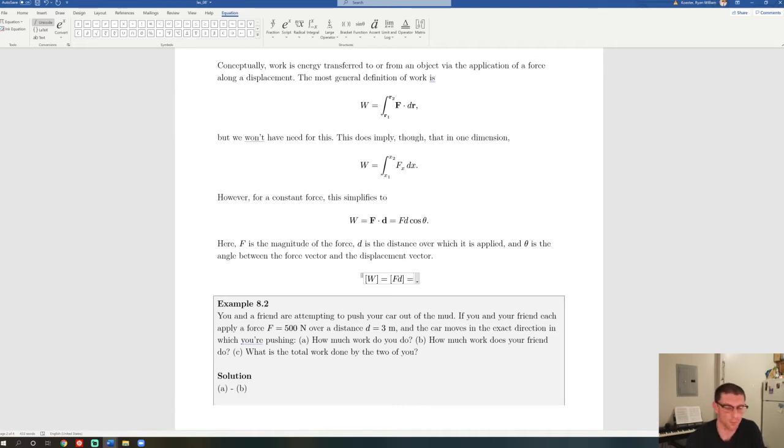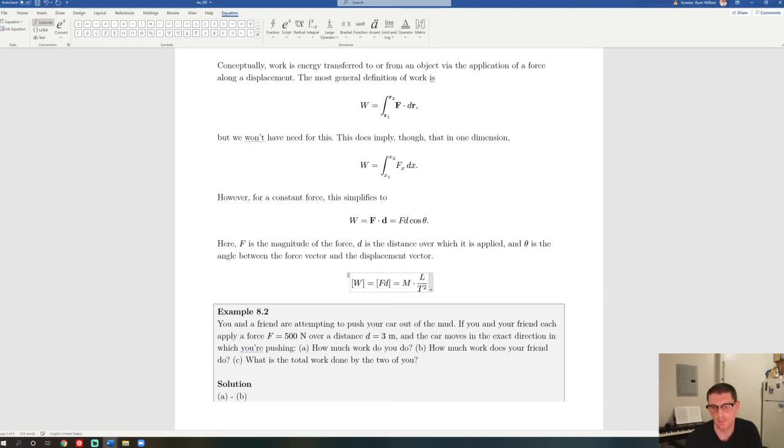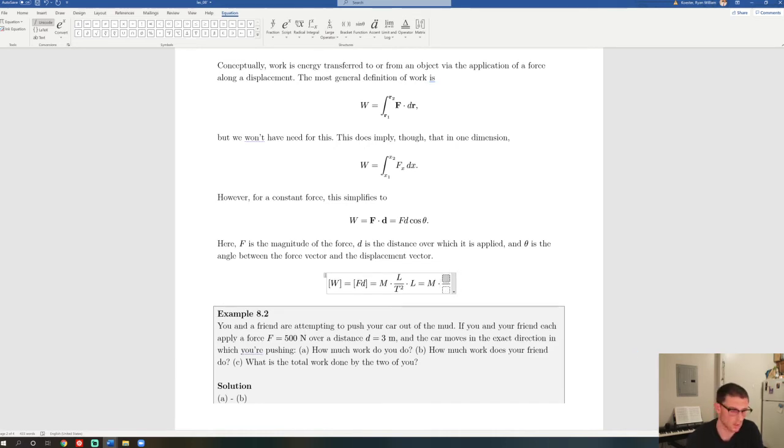So for the force, we have mass, and the dimensions of acceleration are length over time squared. And then to account for the displacement, well, that is just going to have dimensions of length. So we find that this works out to be mass times length squared over time squared.